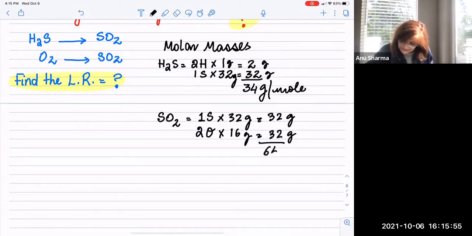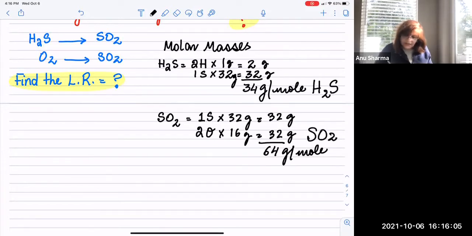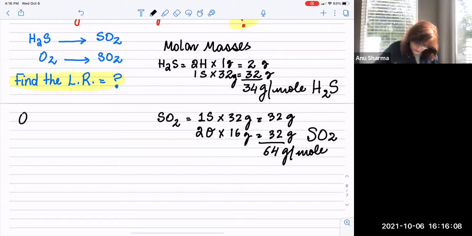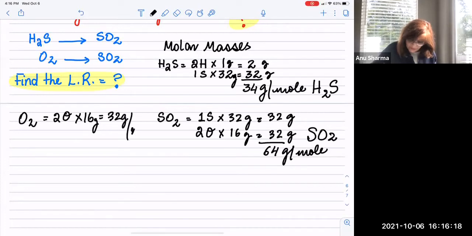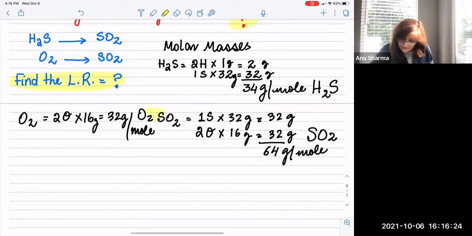That makes 64 grams per mole for SO2. Remaining is oxygen, O2: 2 oxygens, each 16 grams, so 32 grams per mole of oxygen, O2. These are the molar masses that we will be needing, so put them on the side somewhere, always.